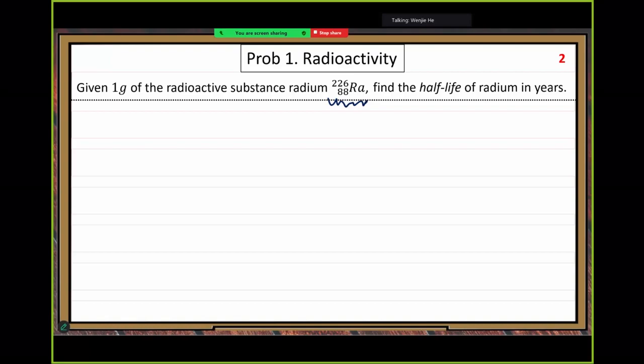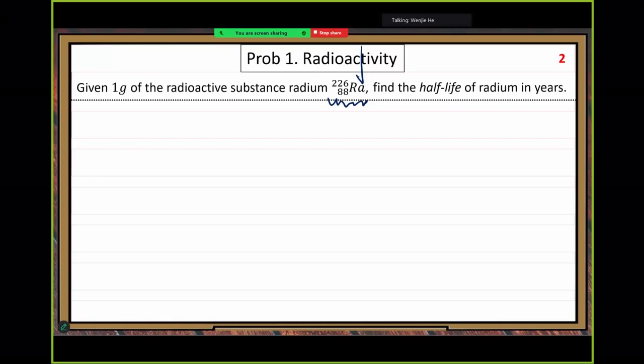You need one special constant related to this radium substance. This is one of the isotopes of the radium. Radium has many isotopes, and for different isotopes, they have different constants.